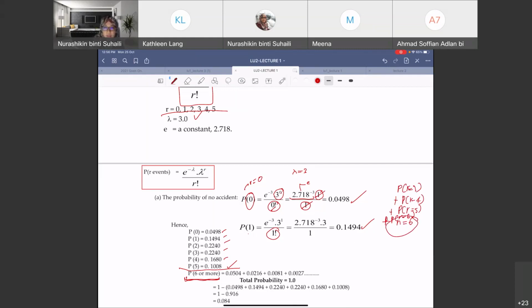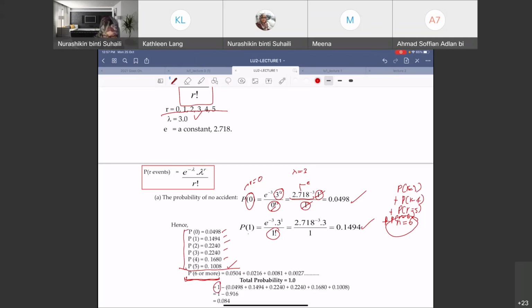But for Poisson distribution, because the nature of Poisson distribution is for large distributions, we do not know what n is in this case. So we don't have a choice. We cannot solve it one by one. What we have to do is that for anything more than 5, we subtract from 1. Let's say we have the information from 0 to 5.